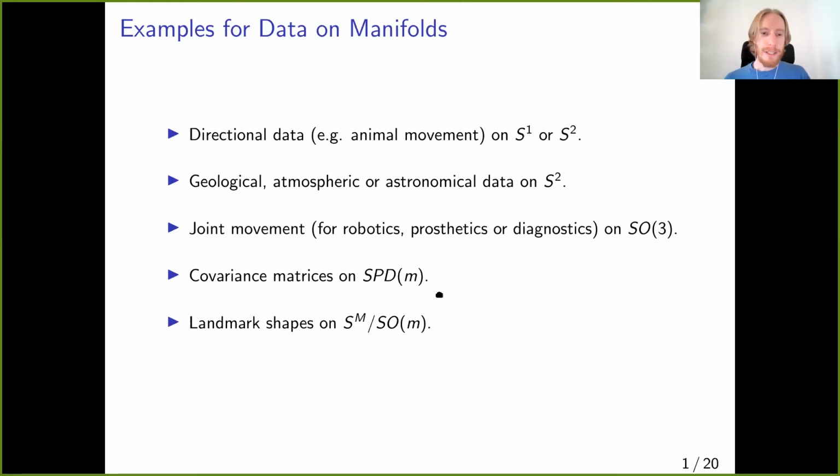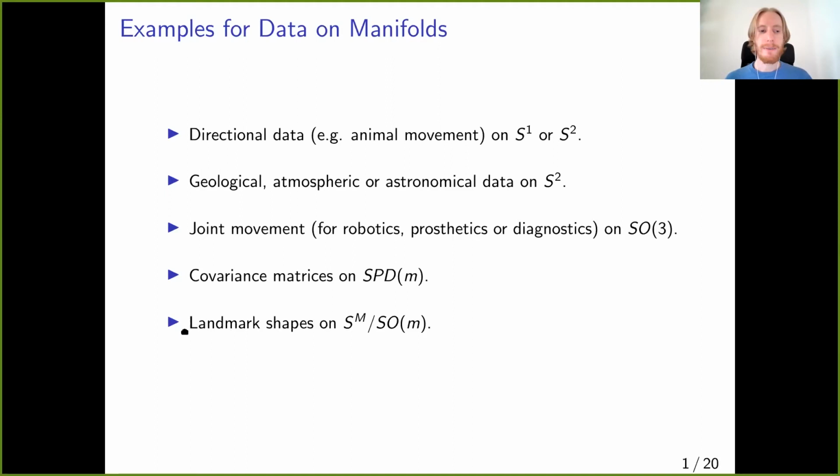There are covariance matrices, which are symmetric positive definite matrices. And the space of symmetric positive definite matrices has a cone shape, so it's also a nonlinear space in general, depending on the geometry you look at.